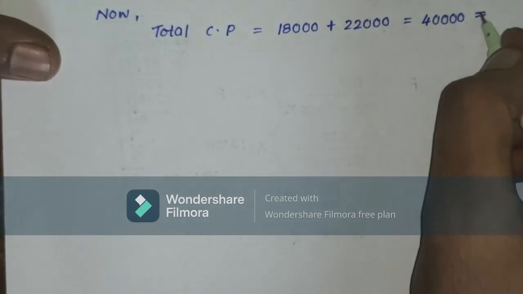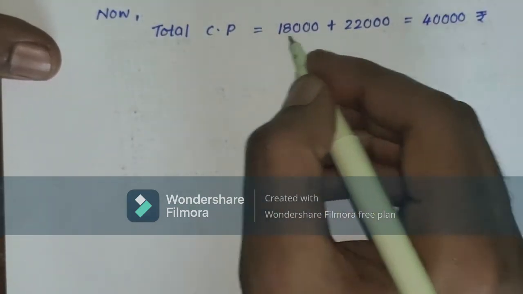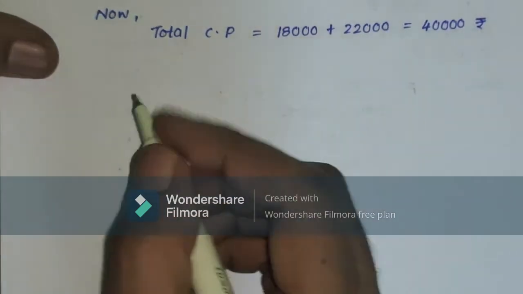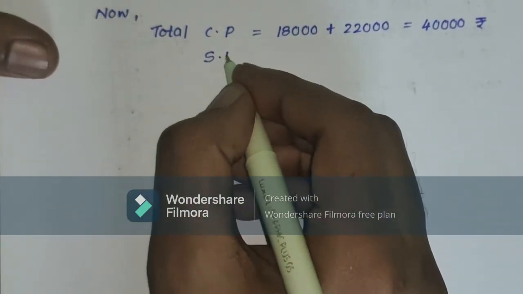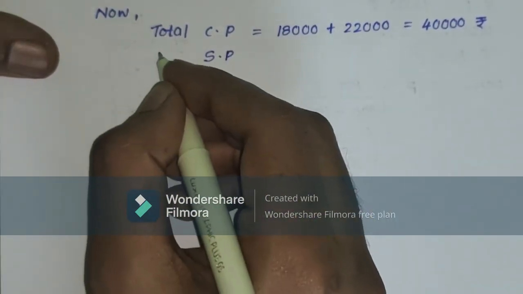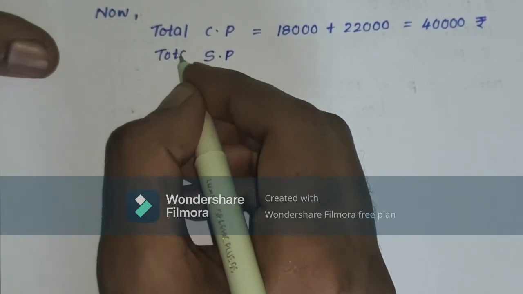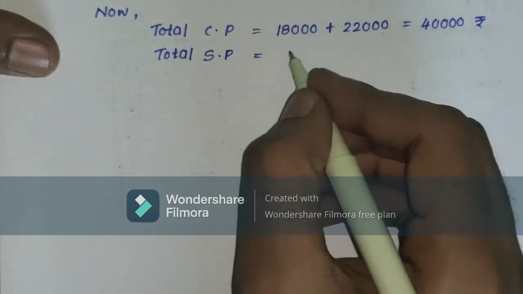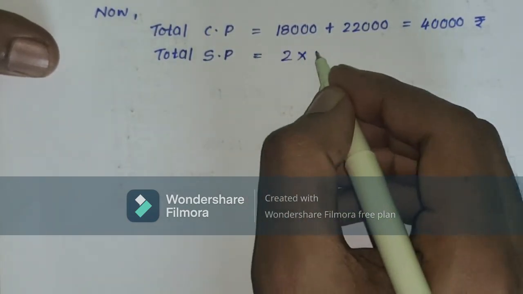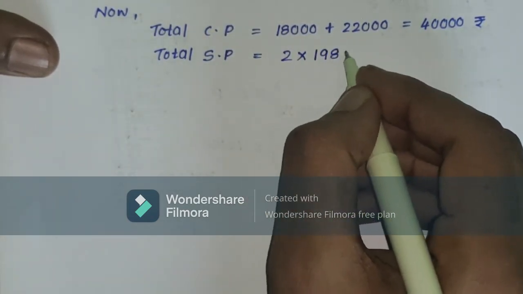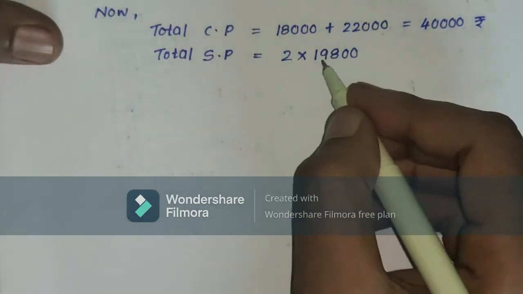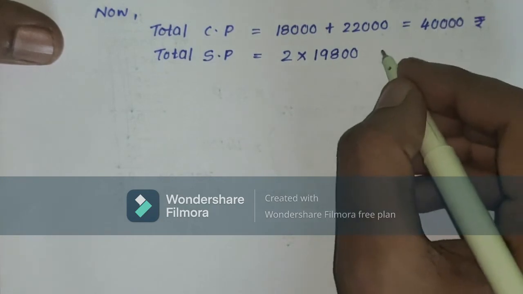Yeah, 40,000. 18 plus 22 is 40 and add all the zeros. Okay, this is how we do the calculation. Now what about total SP? For total SP, every time the SP is same, so we are using SP 2 times. So we will say 2 into 19800. So you will get 39,600.